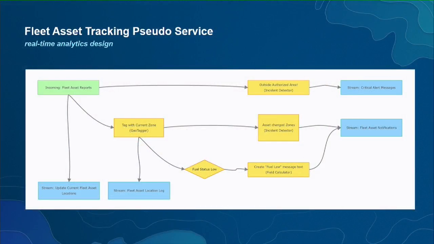So this is a representation of the GeoEvent service that defines the flow of messages behind that construction zone scenario. So in this particular service, there are a number of processing threads that are occurring.